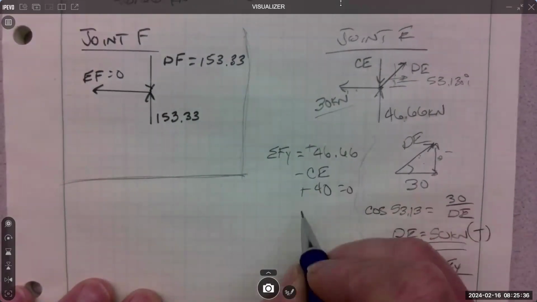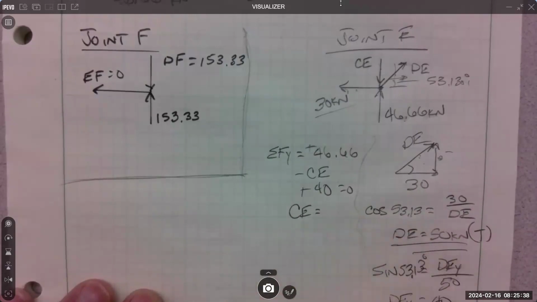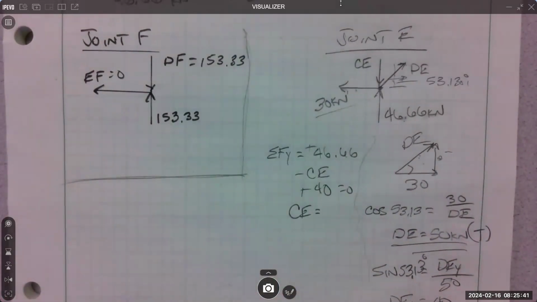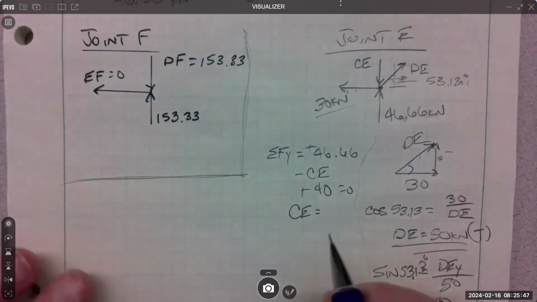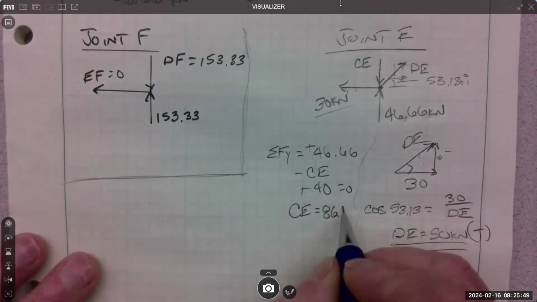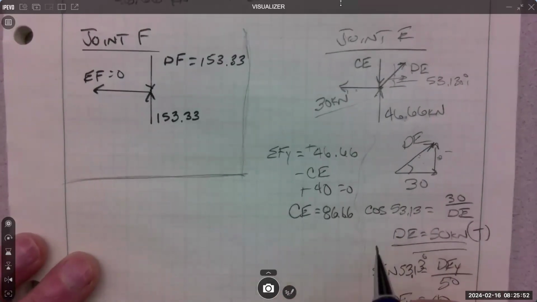It's going to be equal to 0. CE equals 86.66. Sine 53 times 50, yep.